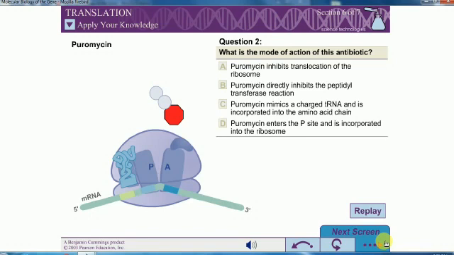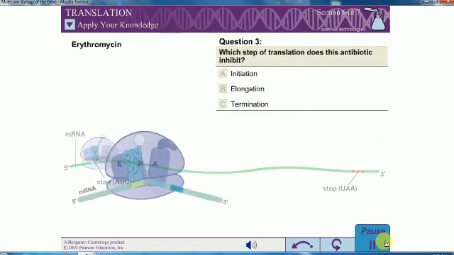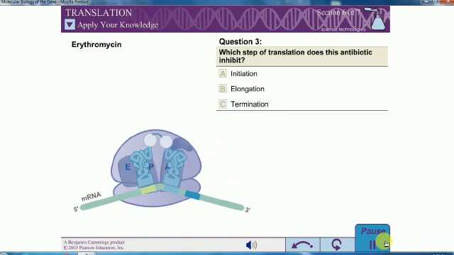Which step of translation does this antibiotic inhibit? Question 4.